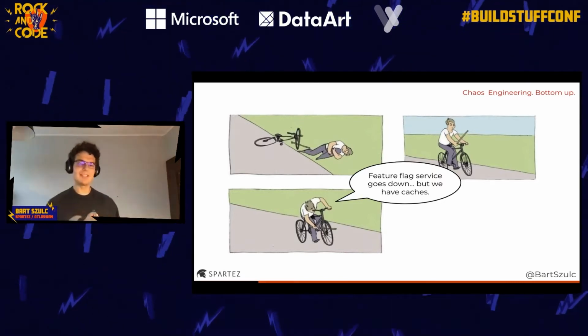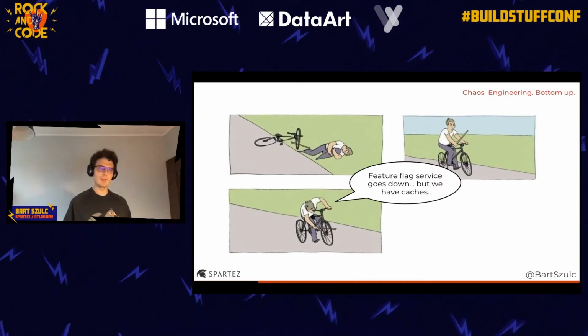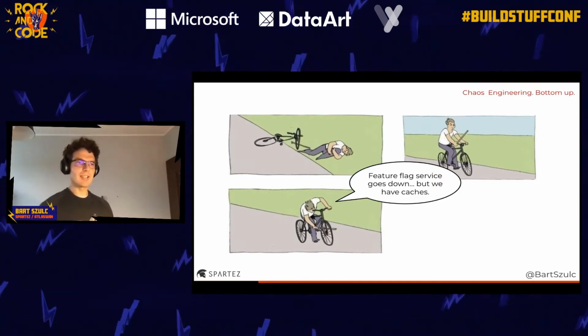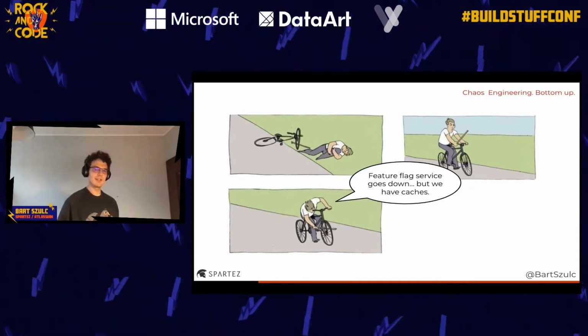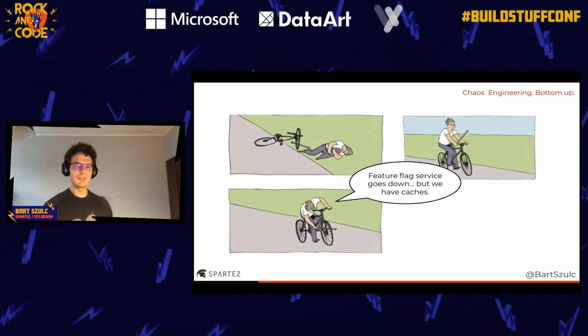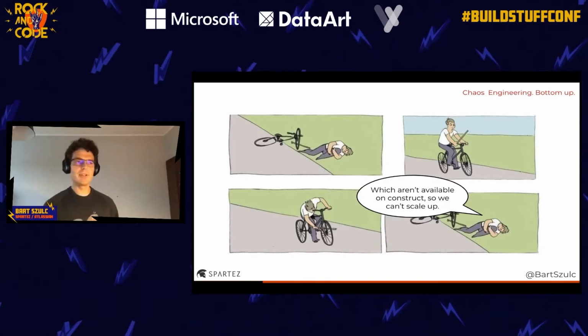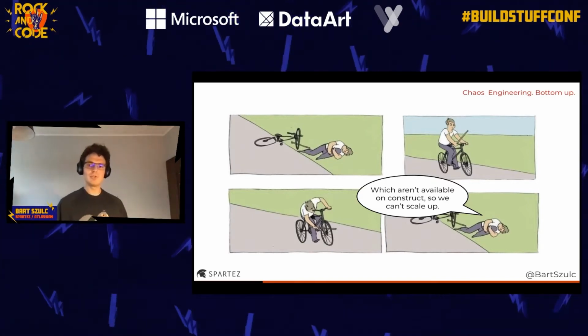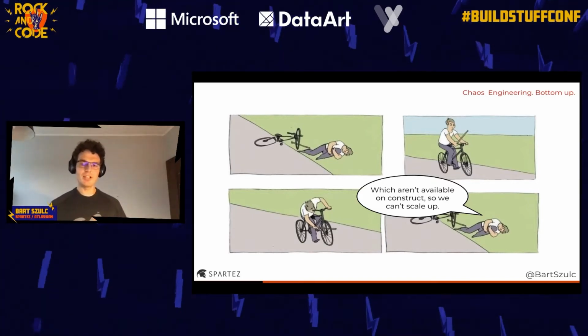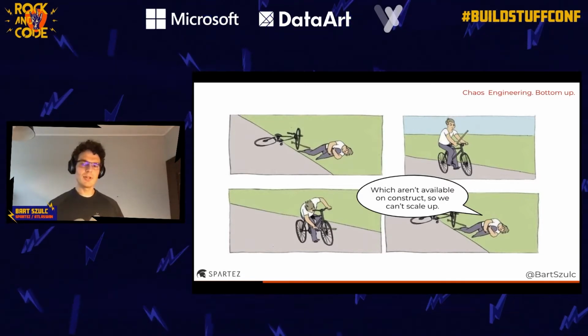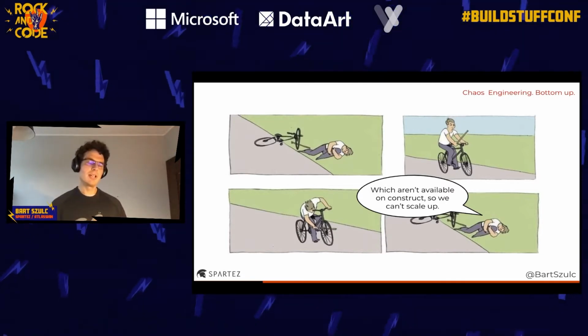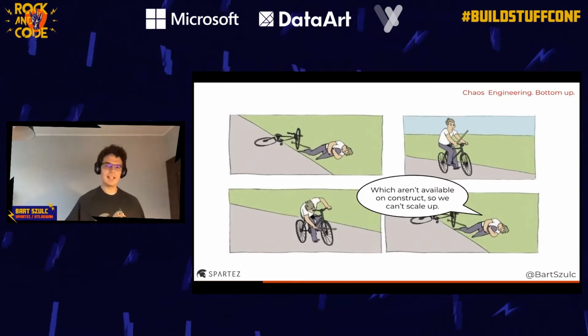But fortunately, there are caches, right? So if the component fails, we can always ask caches for the latest values for certain feature flags. But what we didn't know is that those caches wouldn't be available when we construct new objects or initialize context for new nodes when they were scaling up.